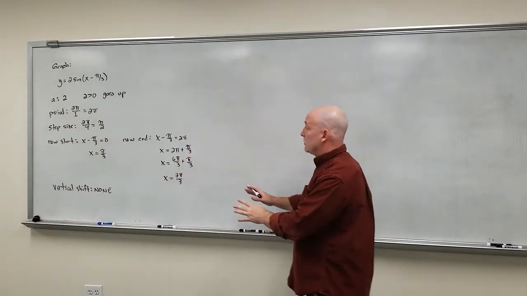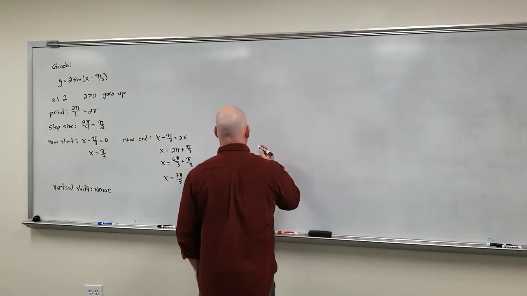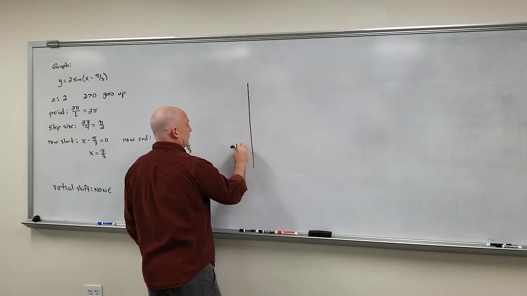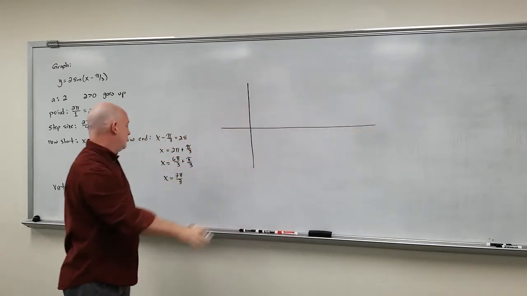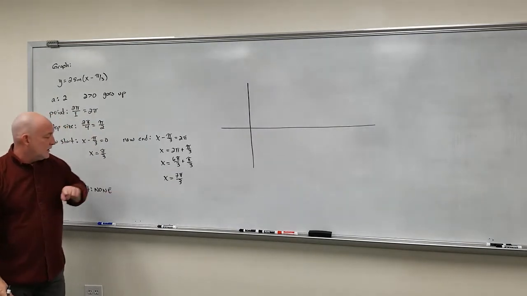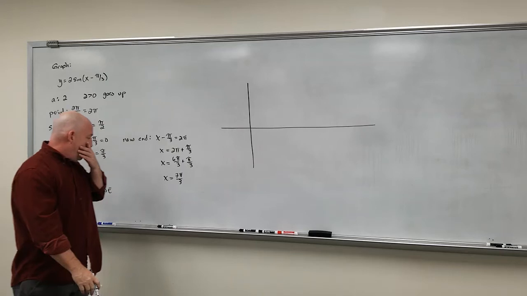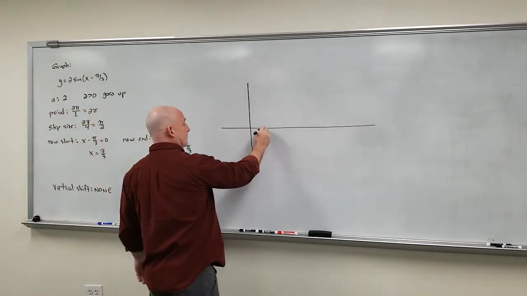Okay, so there's all of our information. We got that put over to the side. Now let's see if we can use all of that to help us graph this trig function. All right, so first thing you want to do is I'm going to draw my axis skewed to the right because I see I start at a positive x value and end at a positive x value. Now, since I'm not starting at 0, here's what you do. Pick a spot out here. That's where I'm going to start.